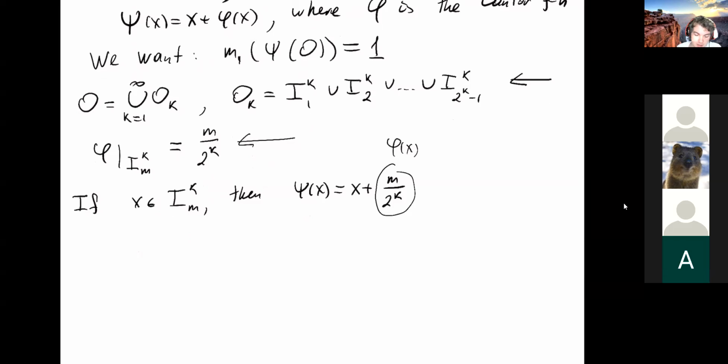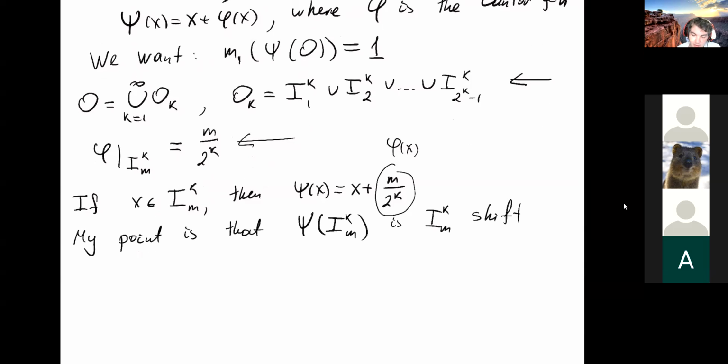My point, which I'll write formally, is that the image of I_{k,m} is I_{k,m} shifted by m divided by 2 to the k.